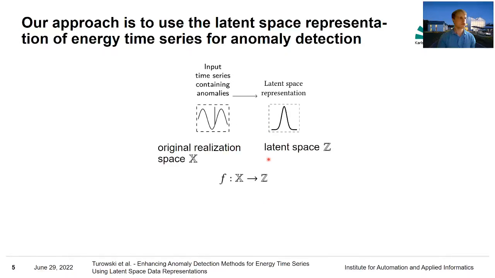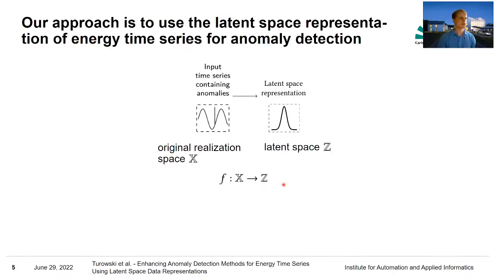What we do here is that we want to find the mapping between the original realization space X and the latent space Z. So we want to find a function that maps X to Z, and to ensure that this mapping represents a known and tractable latent space distribution.